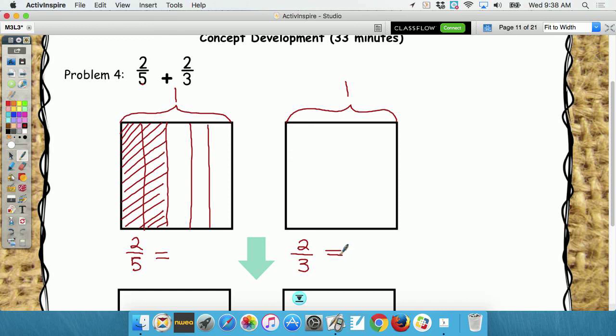Second fractional model. You divided like that with the cross. Not that. Cut it into how many? 3. And Sadie said we're going across, so that's horizontal. Yeah. Okay, and how many will we shade this time?